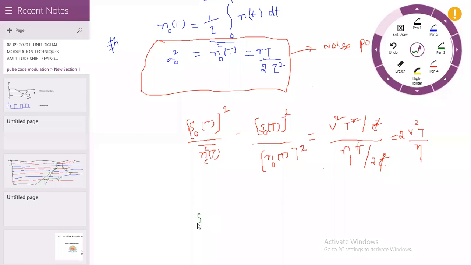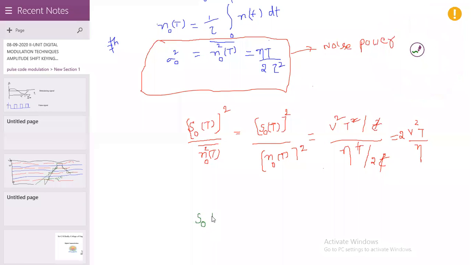So S naught of t whole square divided by N naught of t whole square is equal to 2 into V square t by eta.